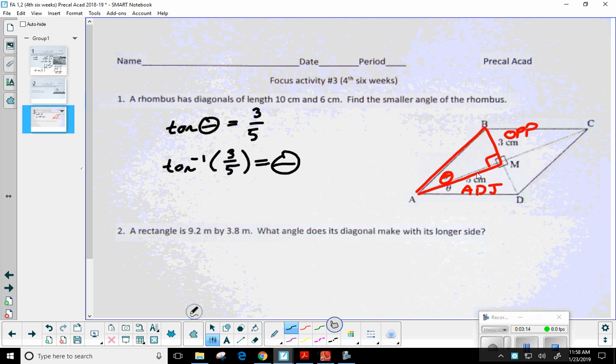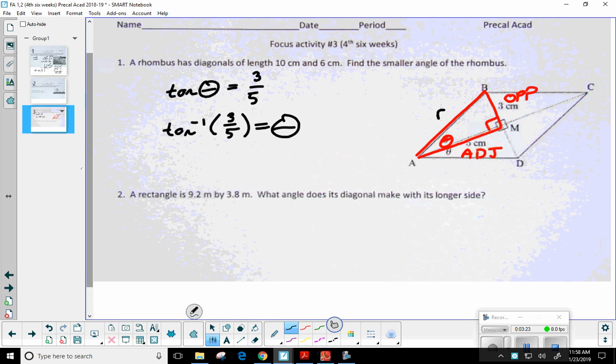Okay, so let's see what happens here. Let's say we want to figure out what that radius is. So we've got r, 3, and 5. So let's go ahead. R squared is equal to 5 squared, plus 3 squared. So 5 squared is 25. Okay, 3 squared is 9.